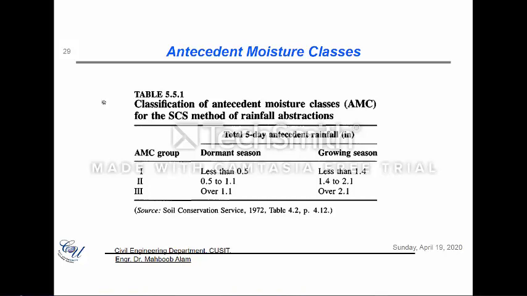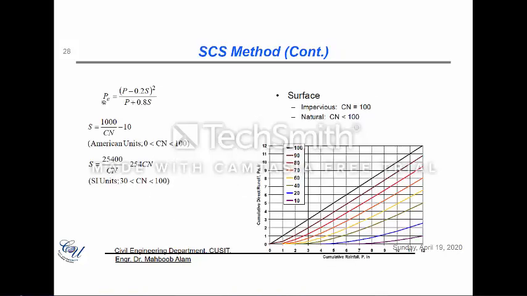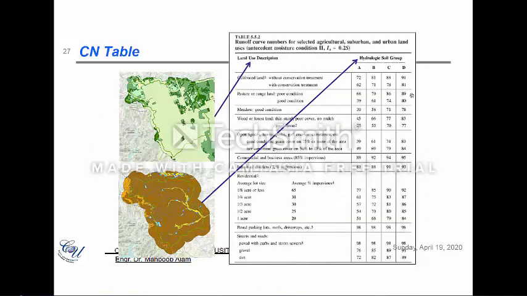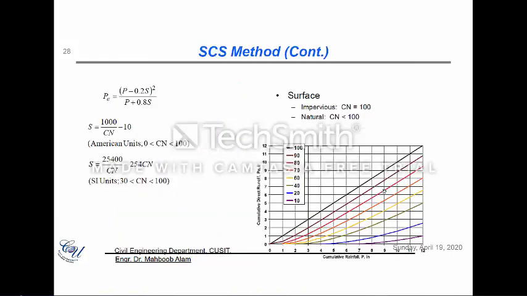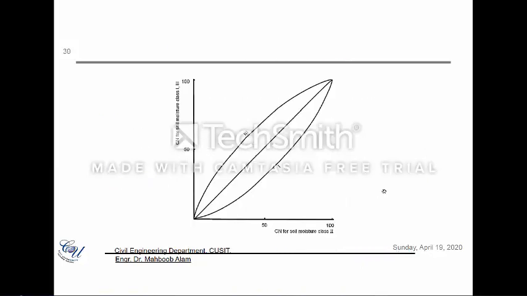But this was enough. For example, till this point it is enough that you can get the curve number value from this table, you put it into this equation, and ultimately you calculate the discharge.